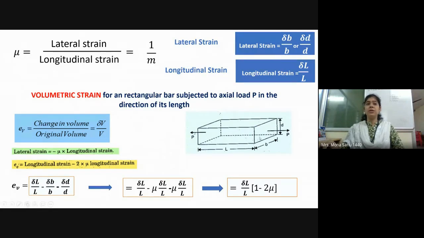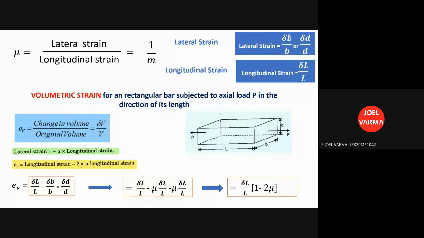So what will be the area of cross section? B multiplied by D. Now when the load is acting on the x-axis, what will happen? Which dimension is going to change? Is the length going to increase or decrease? Can you guys respond? Increase.